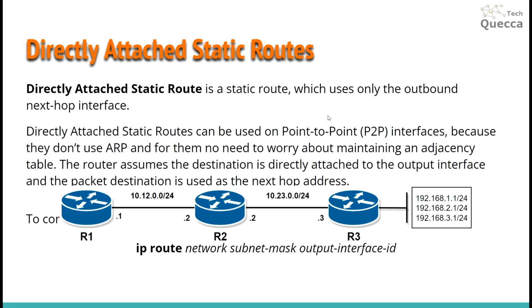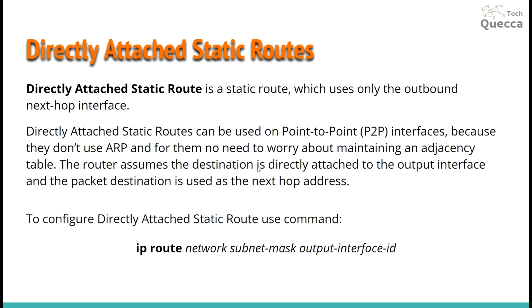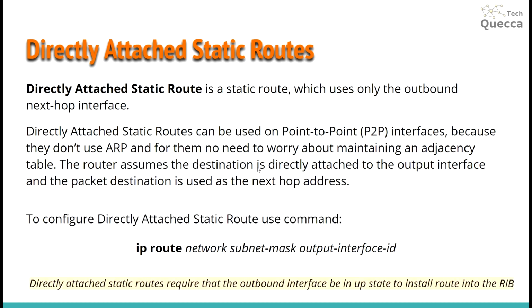So these were issues which we might get if we use a directly attached static route for Ethernet connections. It is recommended to use it only for point-to-point interfaces. And the last thing worth mentioning is that directly attached static routes require that the outbound interface be in up state to install the route into the routing information base.